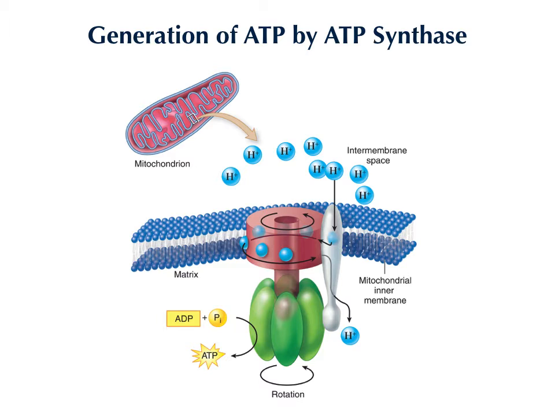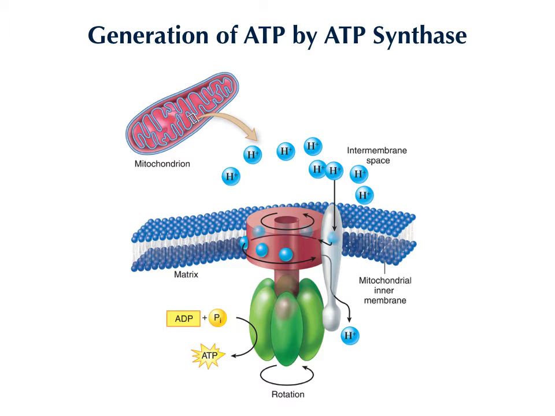The electrons will then move down the chain from one membrane protein complex to the next, and eventually to their final electron acceptor, which is oxygen, which is always a highly tested question. So remember that. Oxygen is the final electron acceptor.